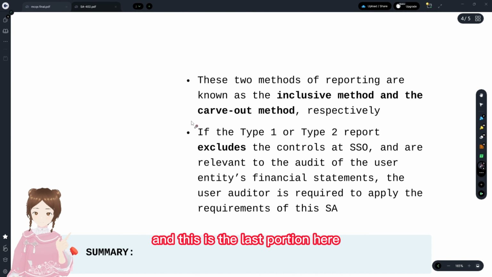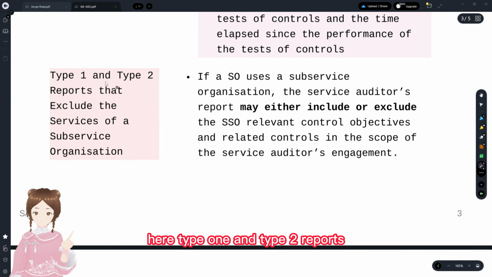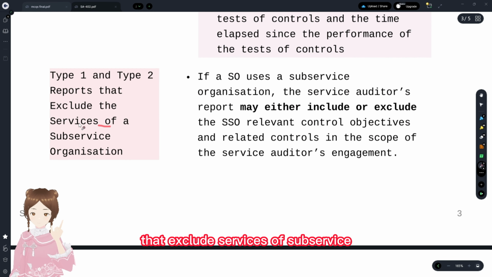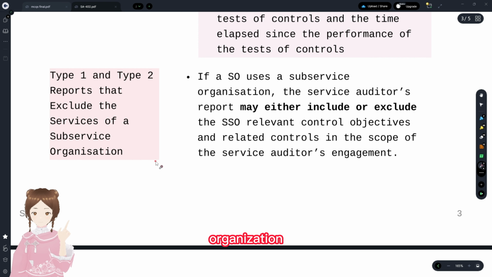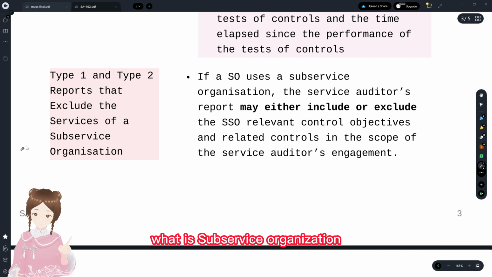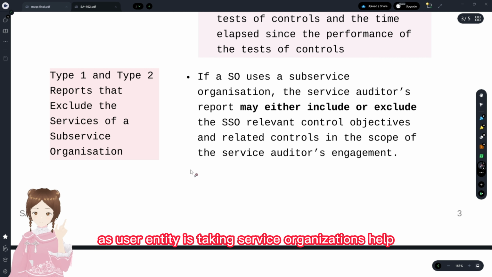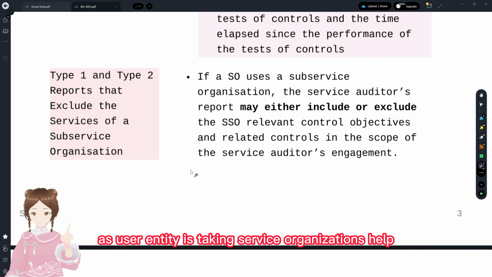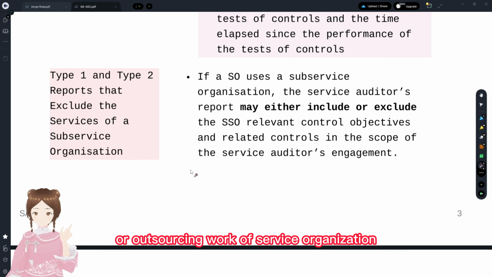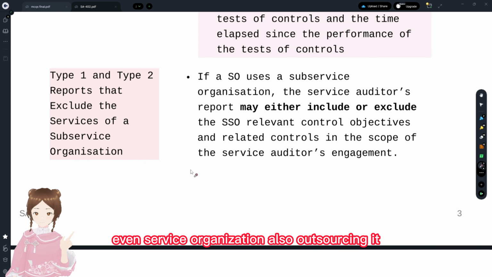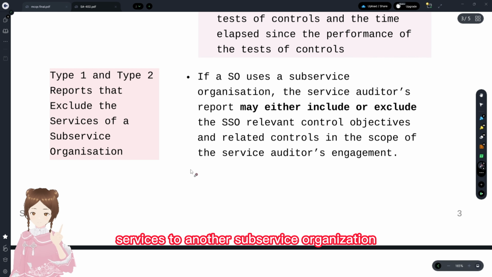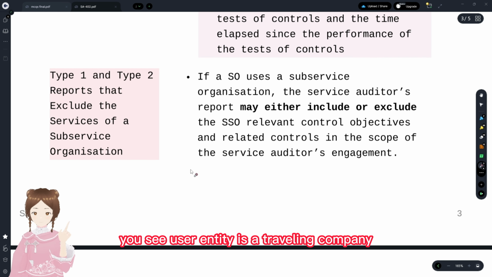And this is the last portion here: type 1 and type 2 reports that exclude services of a sub-service organization. What is a sub-service organization? Just as the user entity takes a service organization's help or outsources work to a service organization, the service organization may also outsource its services to another sub-service organization. You see, the user entity is a traveling company.